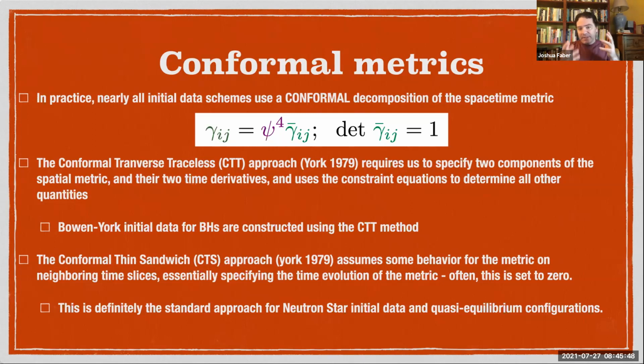Typically, you want to set those initial time derivatives equal to 0 as you move along that killing vector, for a slightly more complicated version of 0 than you might otherwise. The conformal thin sandwich approach is the standard approach for neutron star initial data. And in general, if you're talking about quasi-equilibrium configurations, you're more often than not going to be finding yourself using the conformal thin sandwich approach.